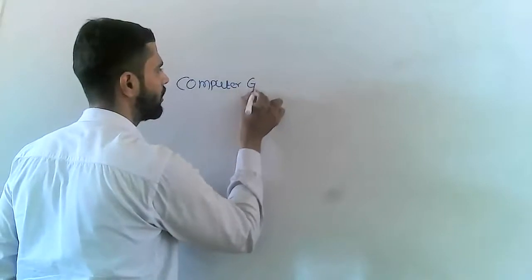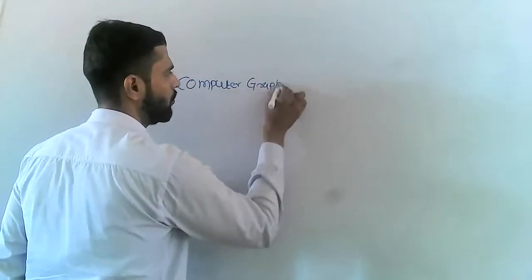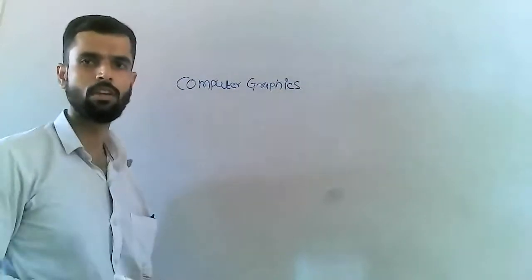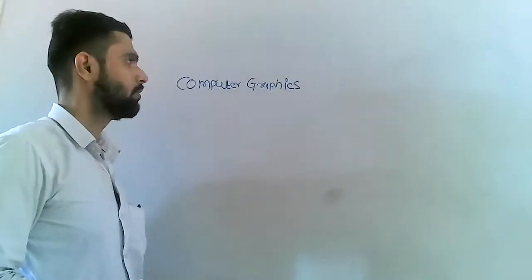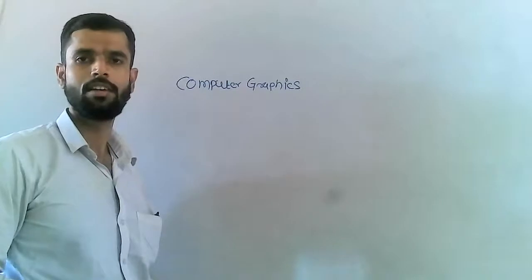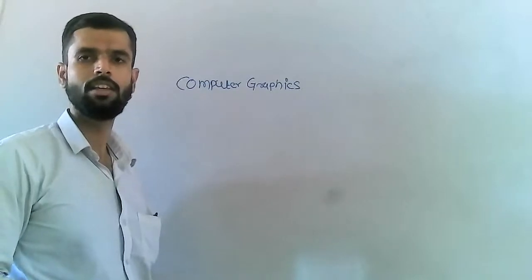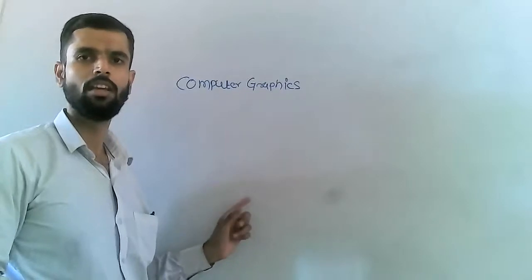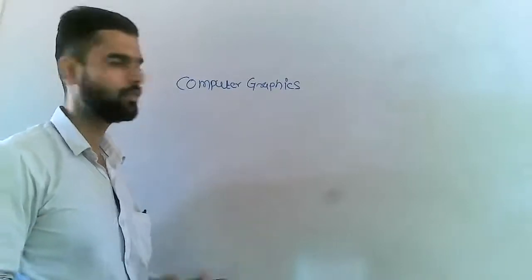So in that we are going to see what is meant by computer graphics. Computer graphics can be stated as anything which is present on the computer screen in non-text form.